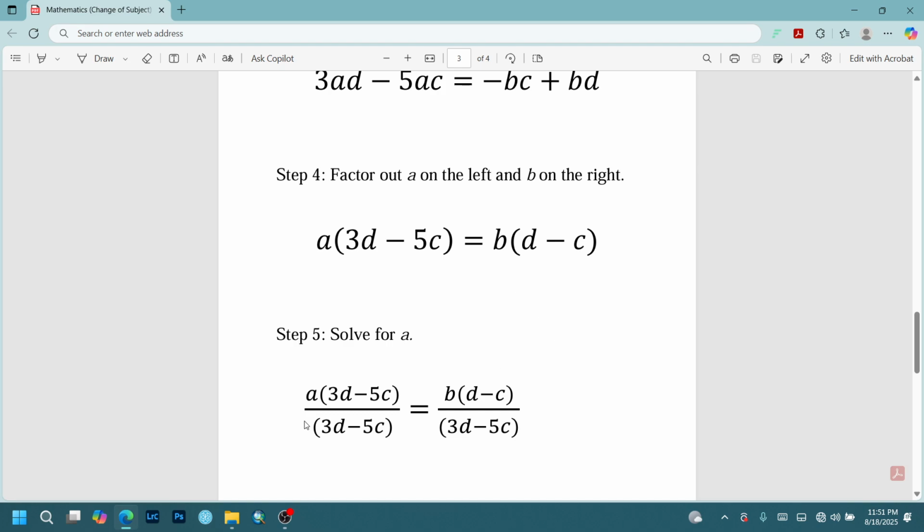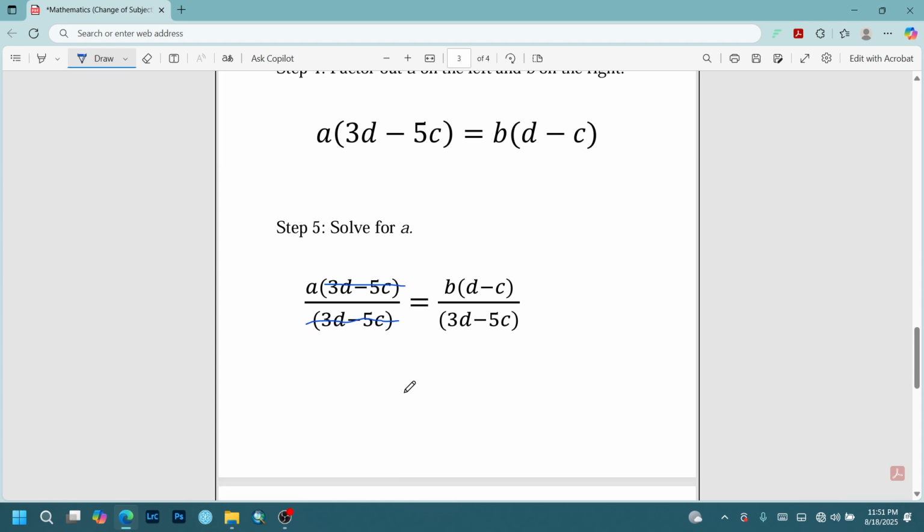The 3D minus 5C will cancel itself out for A to become independent.